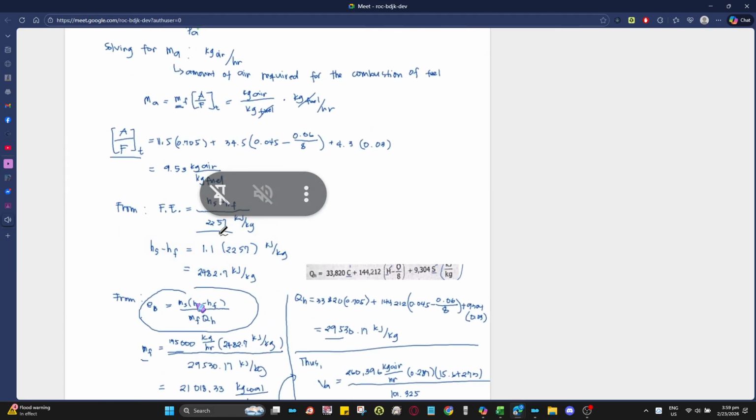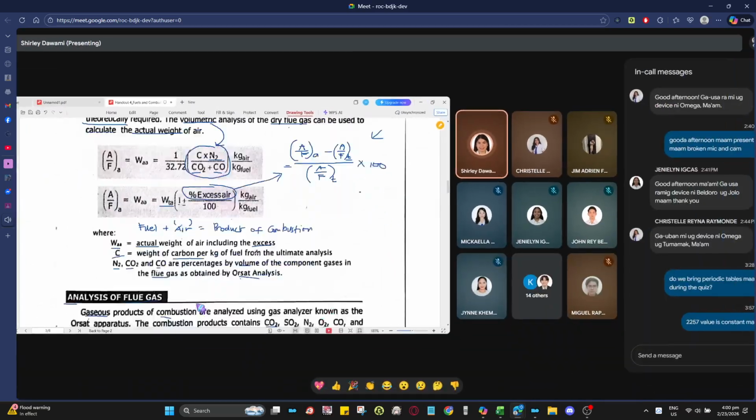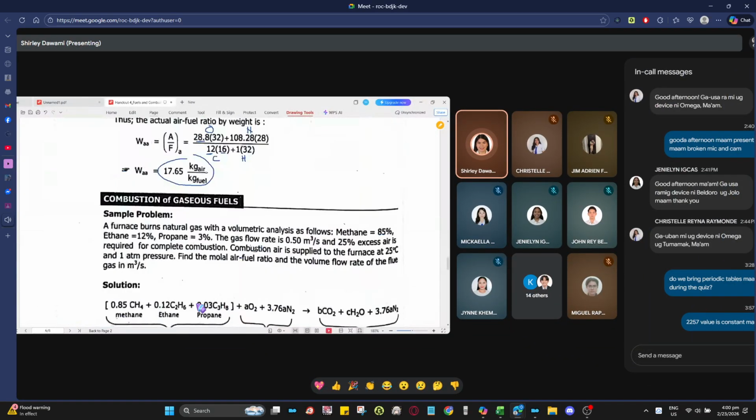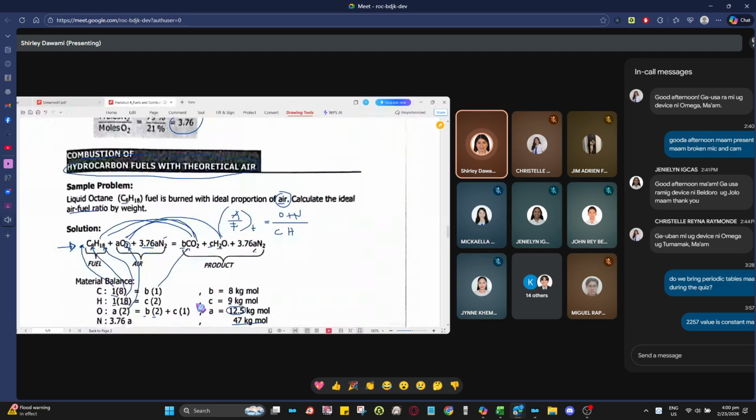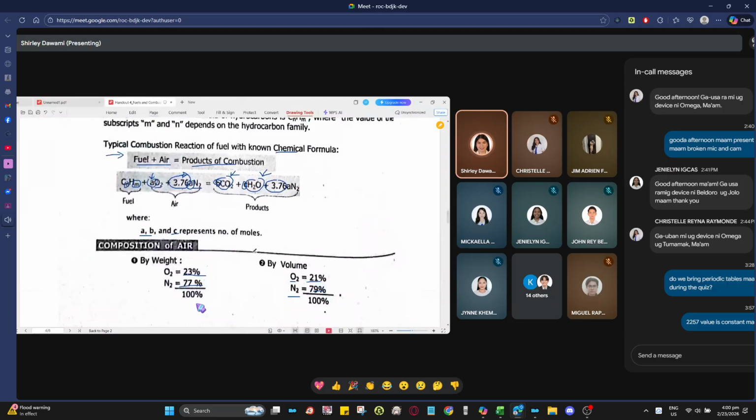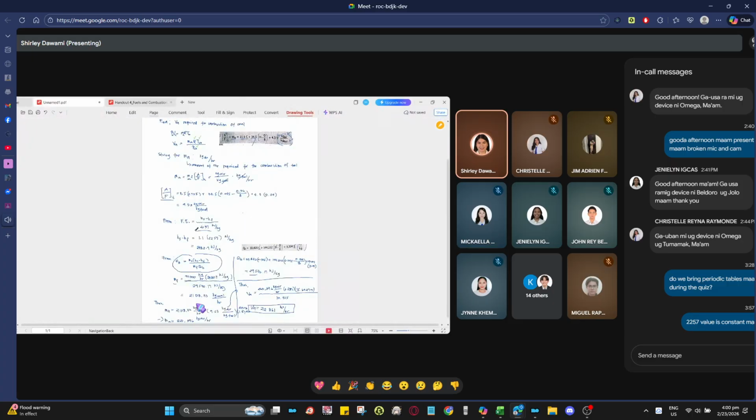Otherwise, it is no longer 2257. It is like the formulas earlier that have different values when the QH has a different unit. So this 2257 is constant for kilojoule per kilogram for hs minus hf.